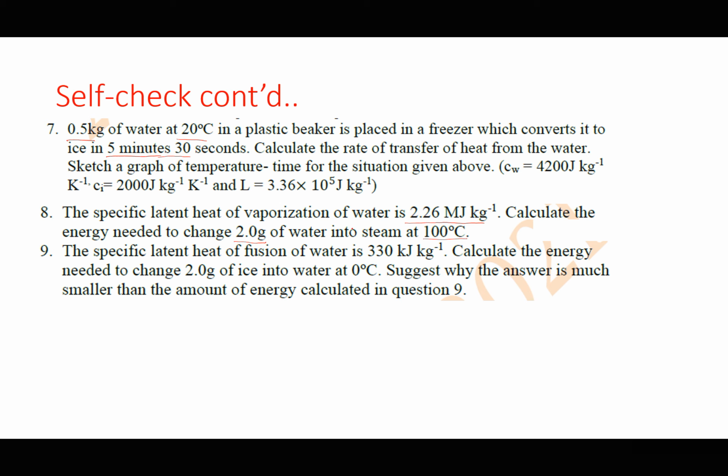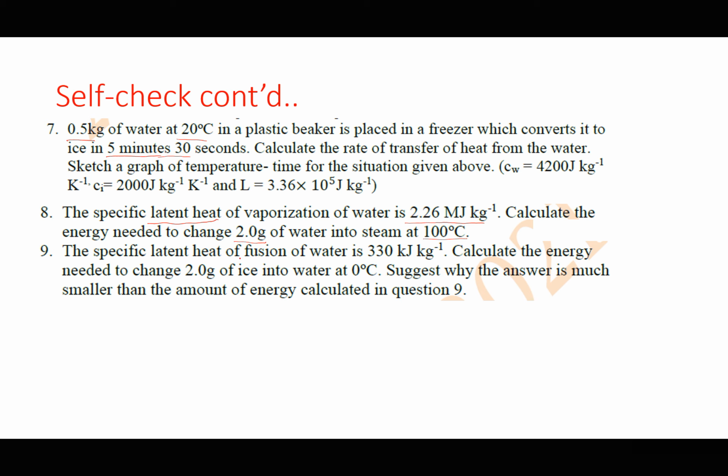When we talk about vaporization, there is no change in temperature. So you don't need to use 100. Some people may think of using 100 because it is given. When we talk about latent heat, there is no change. We don't consider any change in temperature. The water is at 100 degrees Celsius and is converted to steam at 100 degrees Celsius.